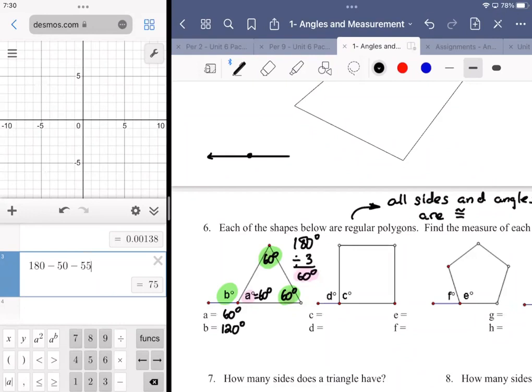But if I created another line segment coming out of this point, then it would make sense that whatever these two angles are, they would have to add to equal whatever the measure of the straight angle is. And if you know that that's 180 degrees, then it all kind of comes together. All right.